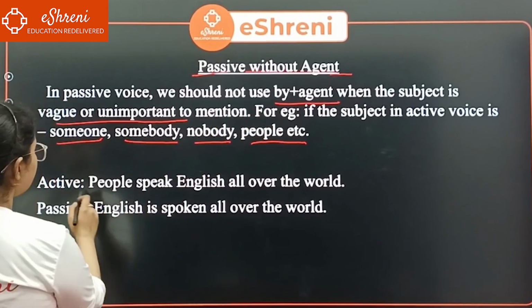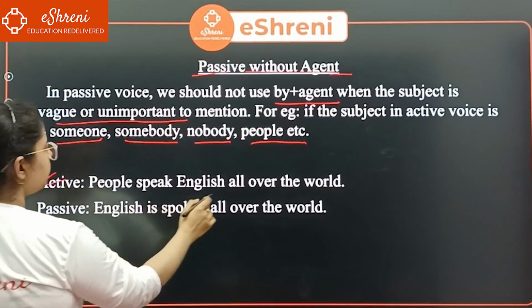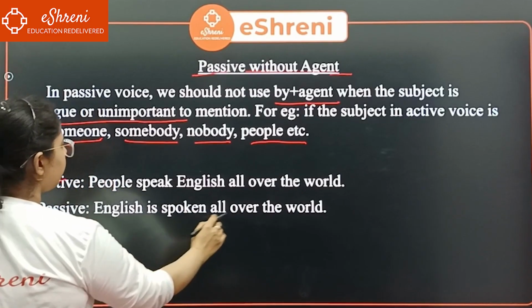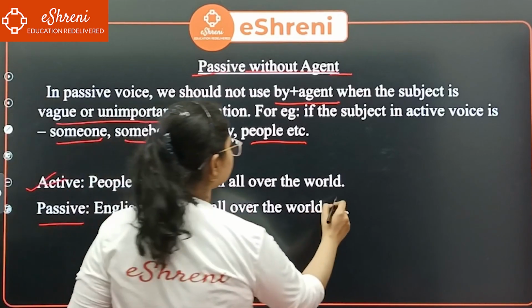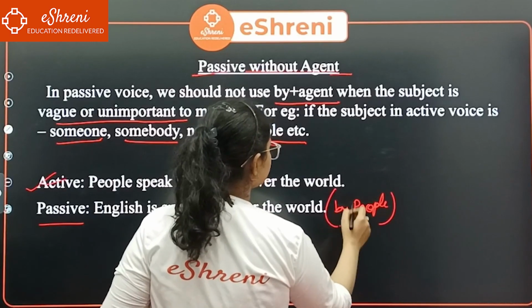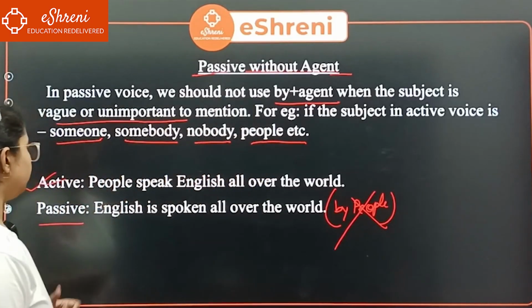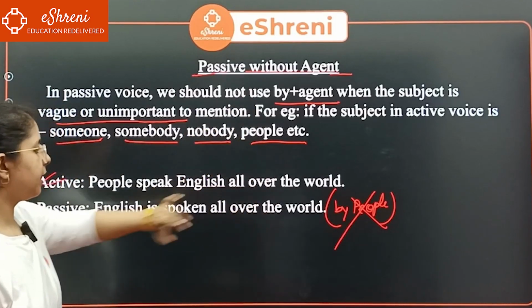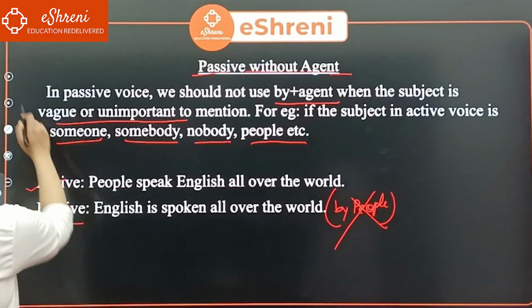For example, people speak English all over the world. Here, passive voice will be English is spoken all over the world. No need to use by people. Here we did not give any agent, because no need to use that part.